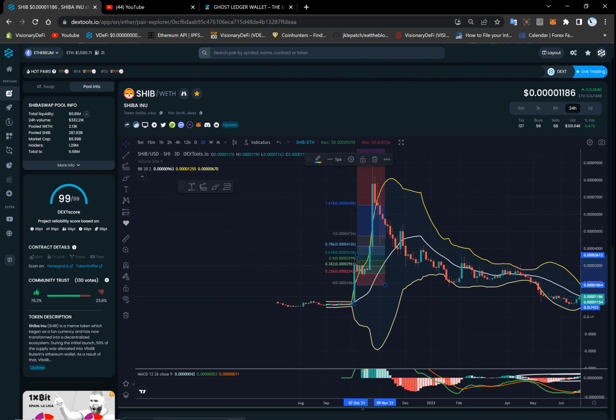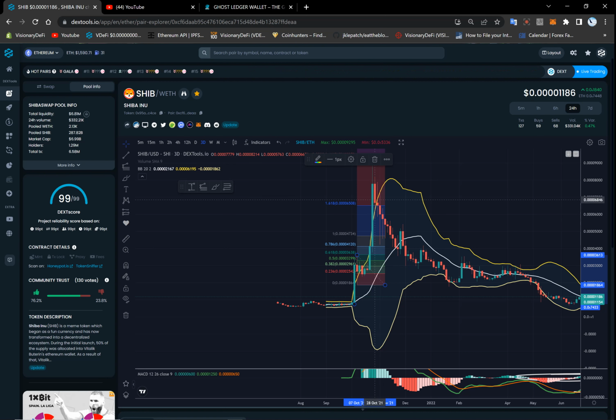Yeah, as you can see, price did break. Sometimes when it breaks above the blue line, that's what you call the blow off top, where everyone is getting in and price will spike above it and come right back down.